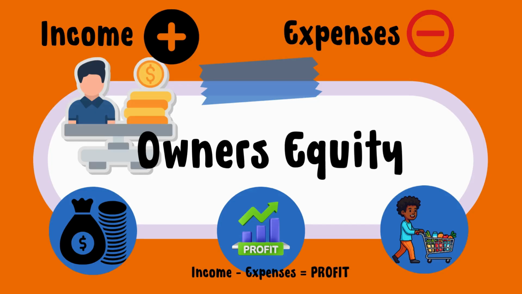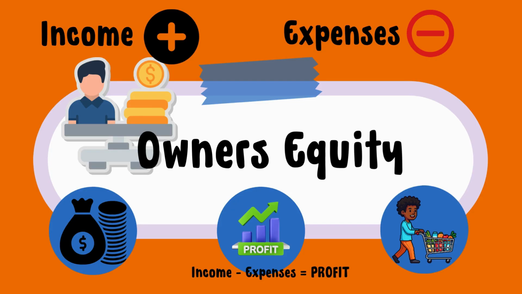Owner's equity. That is capital, the money you're putting into the business. It is profit. Drawings, when you are shopping for personal use and you're taking money out of the business. Drawings is part of owner's equity. Income is part of owner's equity, and expenses.